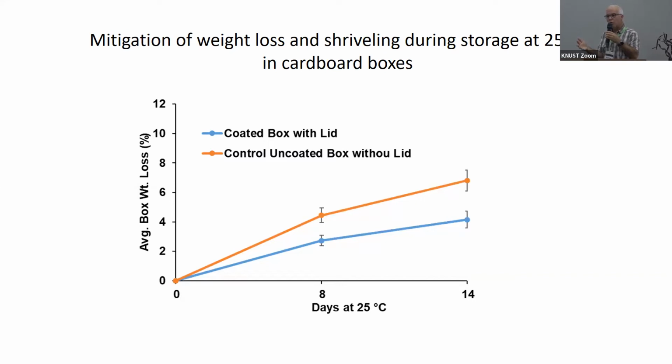So he used cardboards with a lid, or cardboards coated with, in that case, wax, which is used for coating fruit, but you can use any paint or anything that will block water and will increase the humidity inside the box. And by this, he shows that he can mitigate the level of water loss and consequently the problem of shriveling.